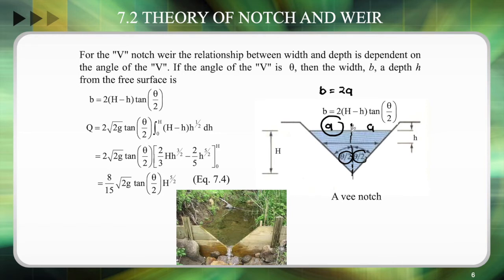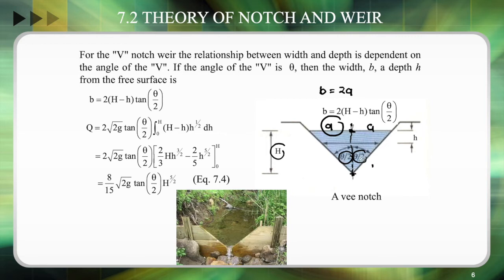At this point, we know that we will be given the height. So this is H, from here to here, the capital letter H, when this is the free surface, and this is the bottom of the notch.